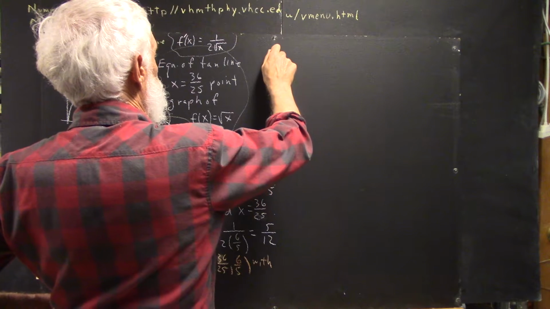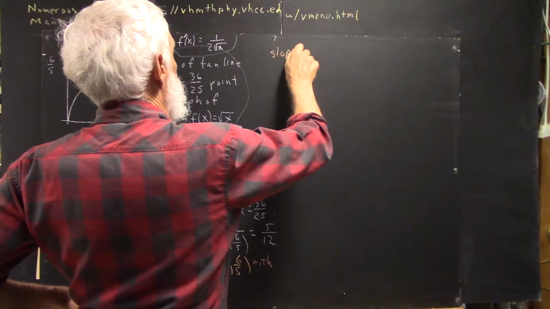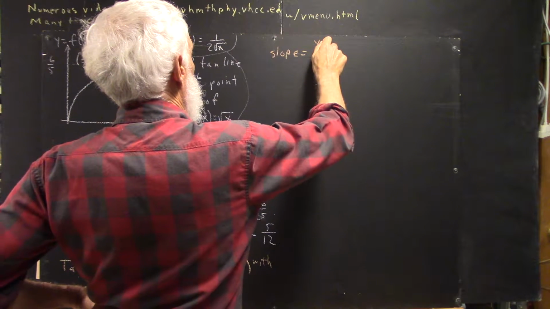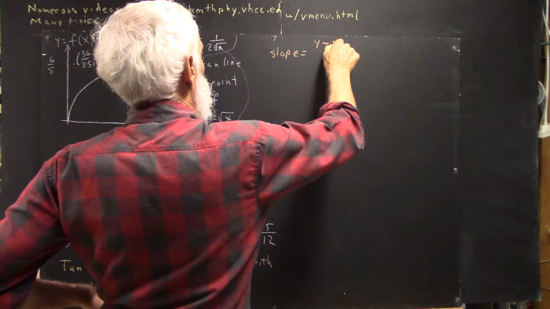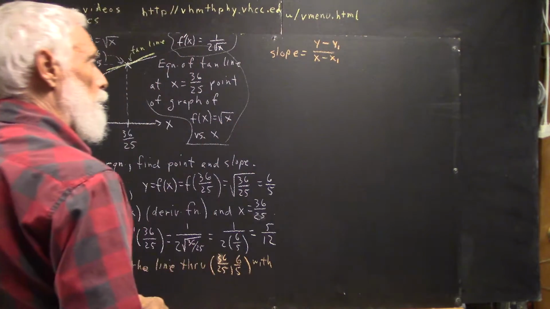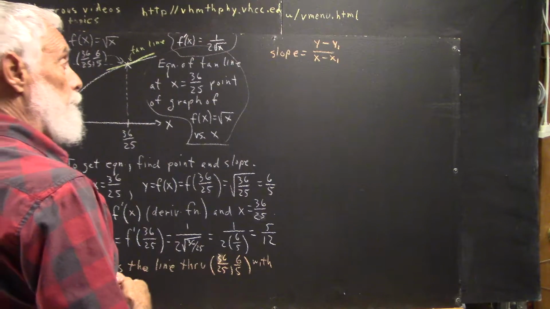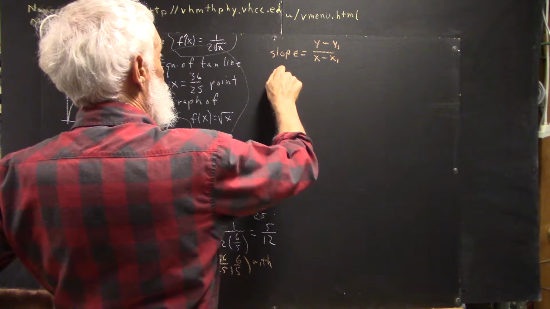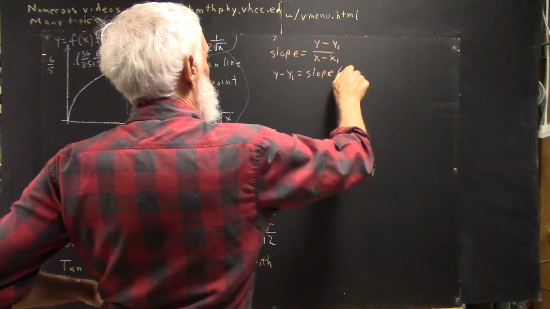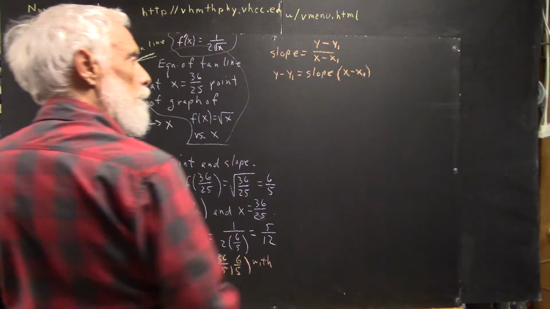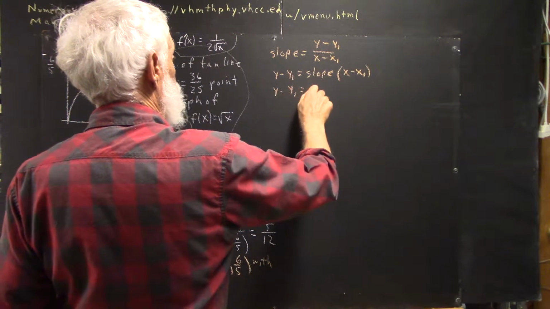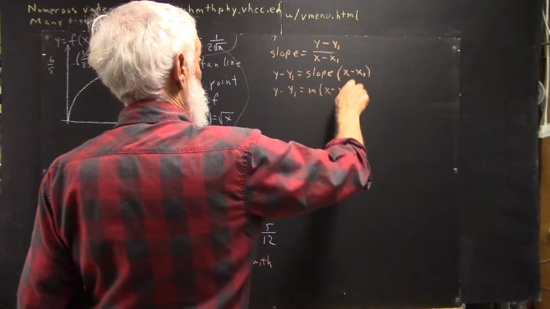I'm going to say the formula is slope equals y minus y1 over x minus x1, so that's a simple algebraic rearrangement here, and if you want to use m for slope, then you've got y minus y1 equals m times x minus x1.